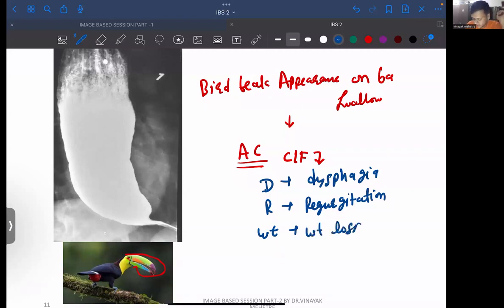This is the classical feature of achalasia cardia, more to liquid than solid. इतने याद रखो.